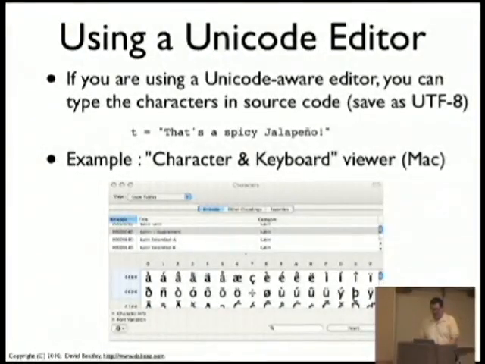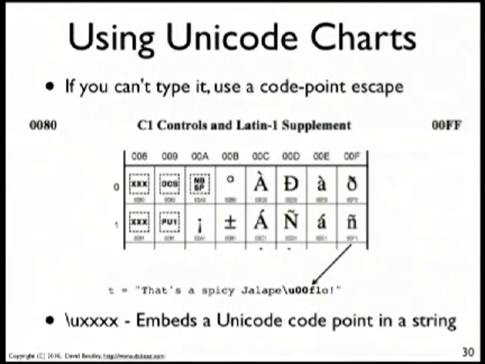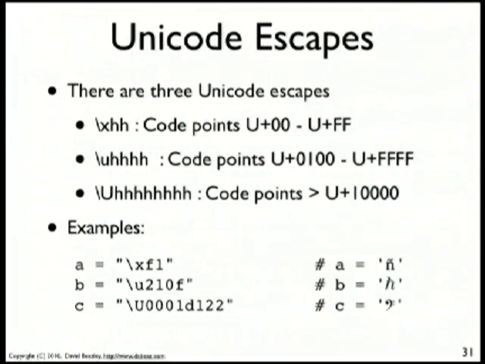And then as far as if you can't type things, at least in strings, you should know about these escape sequences that people use. There actually are 3 different escape sequences that you might embed in a string to do a Unicode character. You can use \x to just do a byte value. If you get to larger values, you use \u.